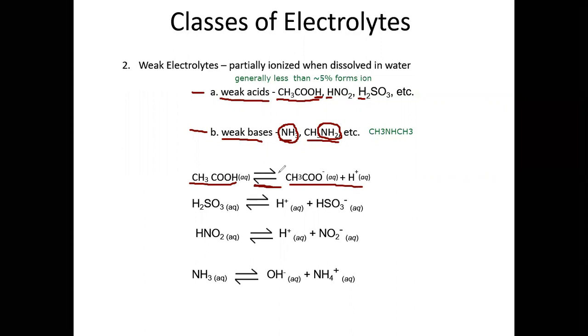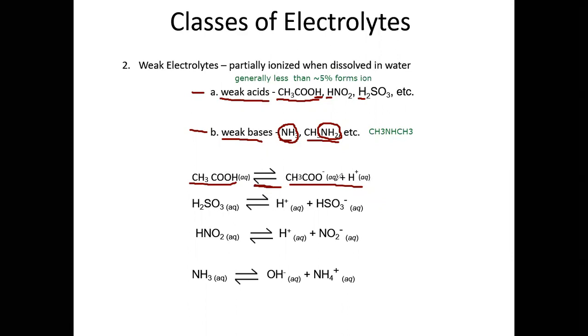So the characteristic for their ionization is a double-headed arrow and ions as product. Again, the double-headed arrow means both sides of the reaction exist at the same time. So you have molecules and ions at the same time.